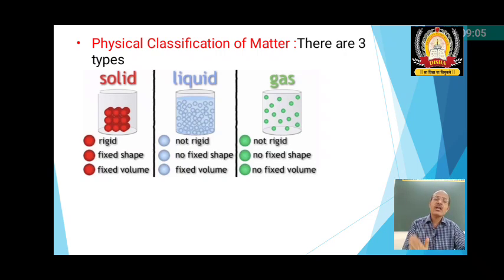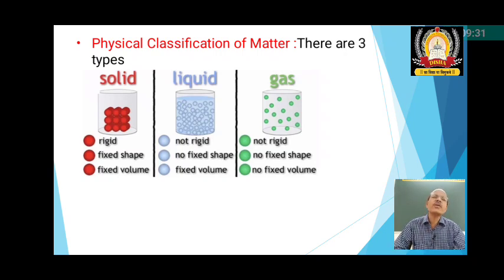In case of liquids, their melting temperature is below the room temperature, but their boiling point is above the room temperature. But in case of gases, both melting and boiling points are below the room temperature. This is what we can say when we call it a solid or liquid or gas.